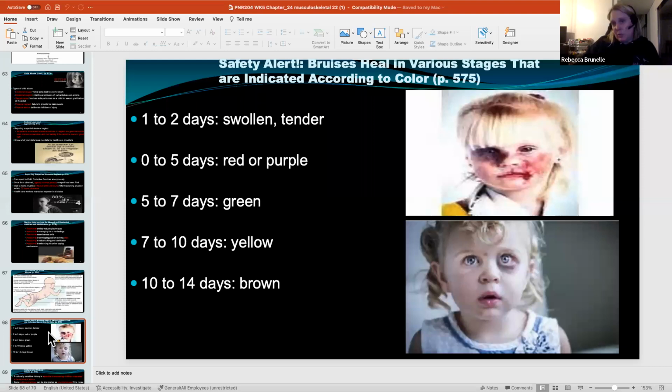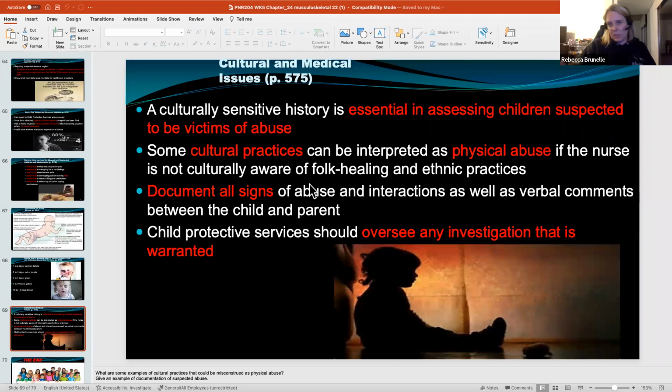So even though you're keeping child abuse in the forefront of your mind and you're monitoring for it and you know that you're a mandatory reporter, there are some cultural practices that can be interpreted as physical abuse. One that I'm familiar with is a healing technique called cupping, where they put cups on your back to try to release toxins, and it could leave the cup marks on your back.